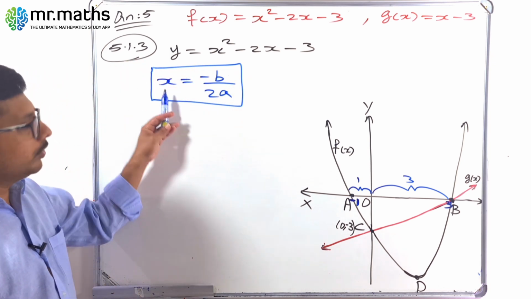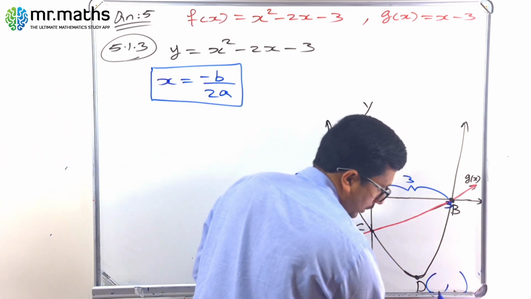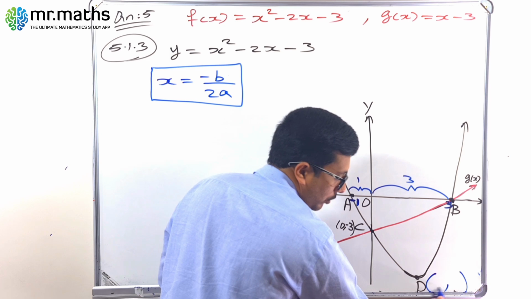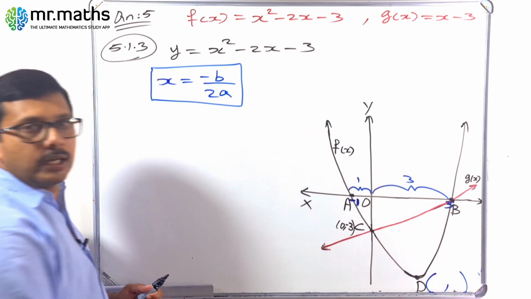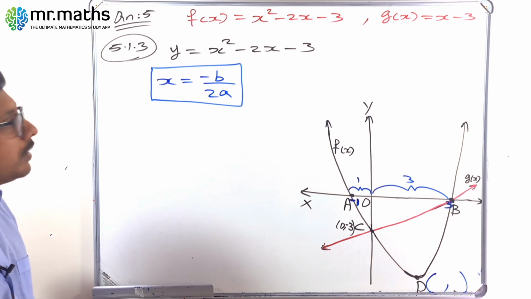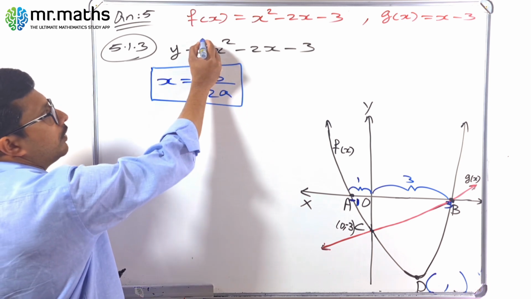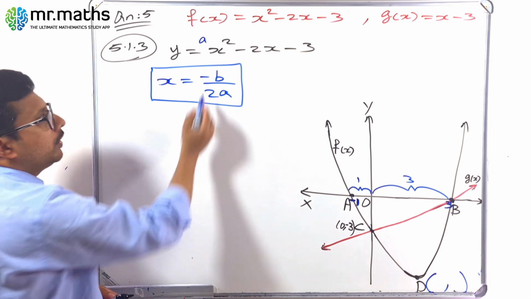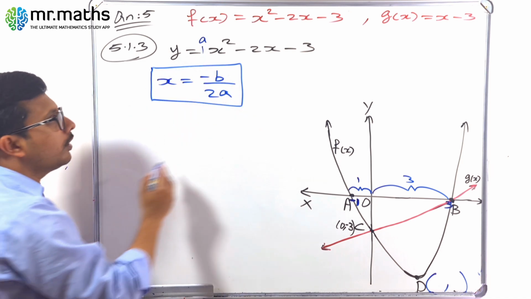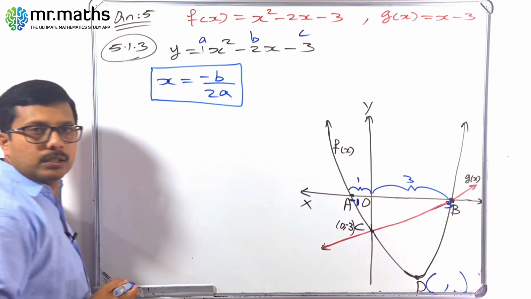To find this x value there is a formula, minus b divided by 2a. So what are a, b, c? A is 1, b is minus 2, c is minus 3.